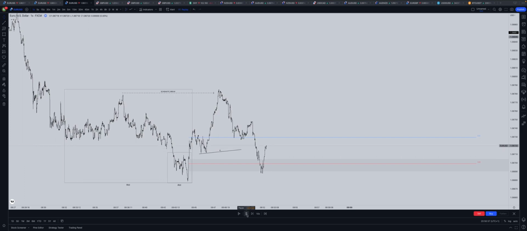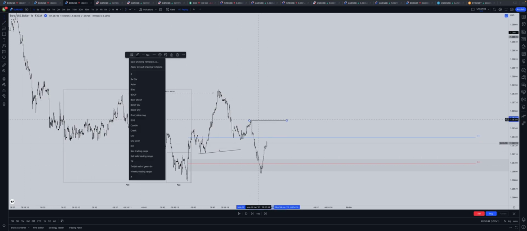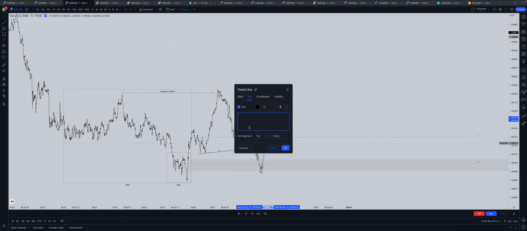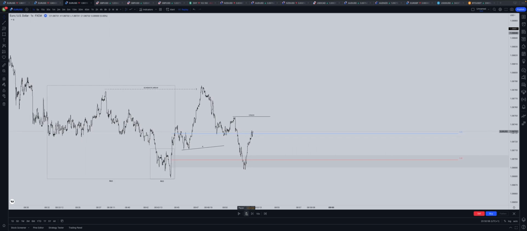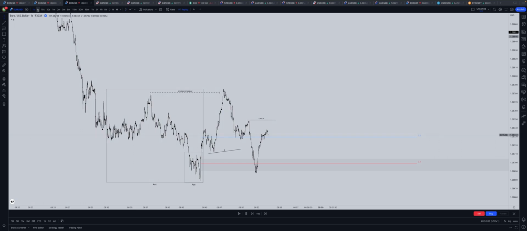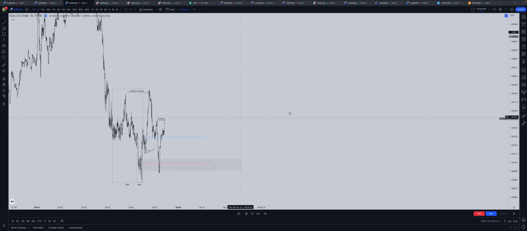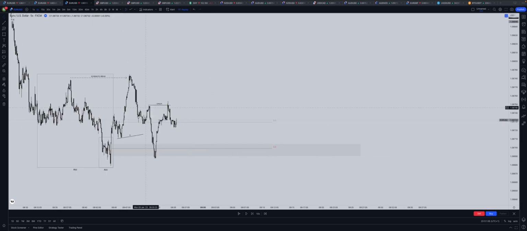But this was the high I wanted to break, because then we have a change of character, because this is the last big high in this trend. So I'm going to the 5 seconds, so it goes a bit faster, and we see we break and we have a change of character.